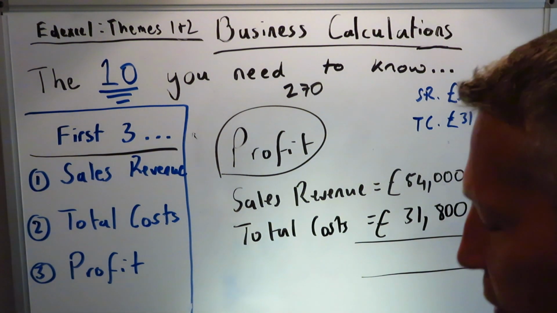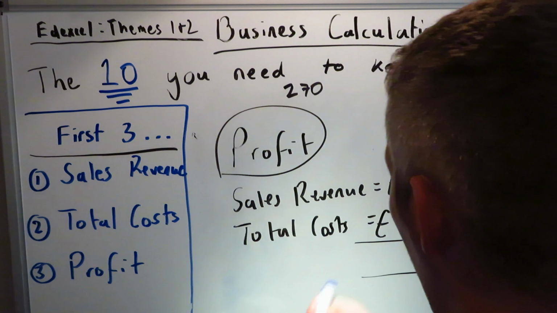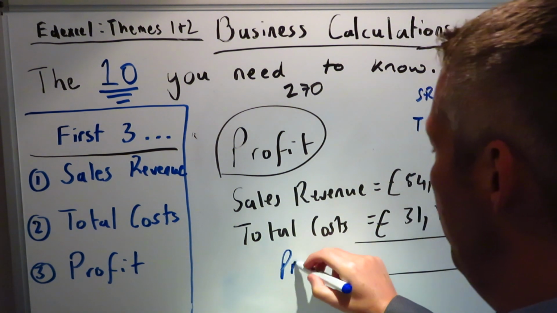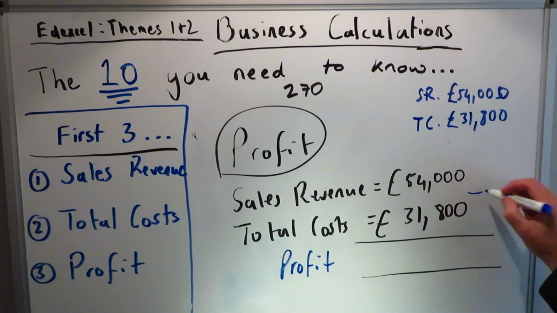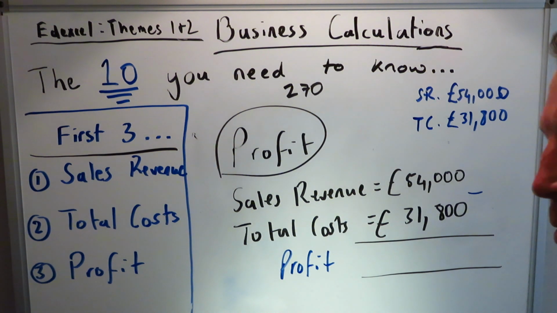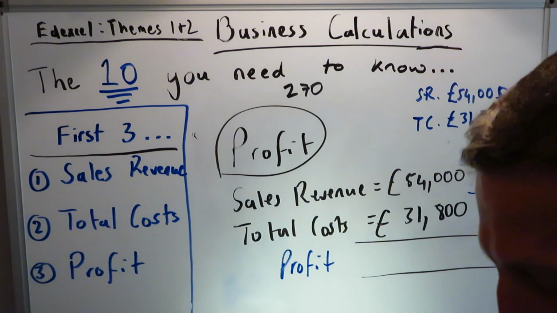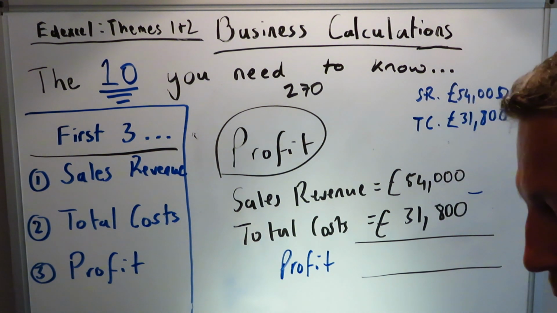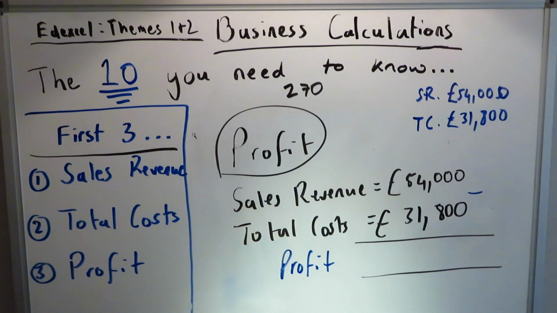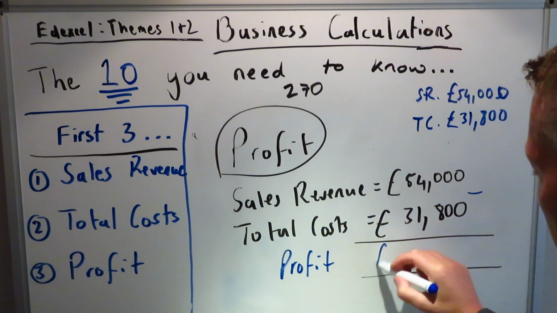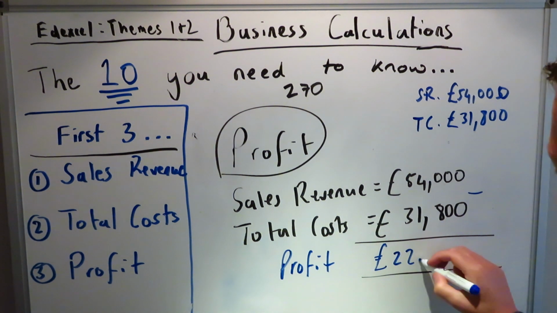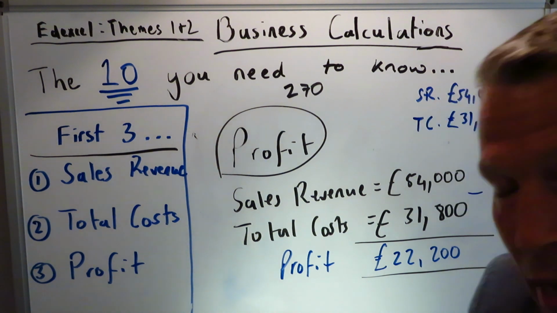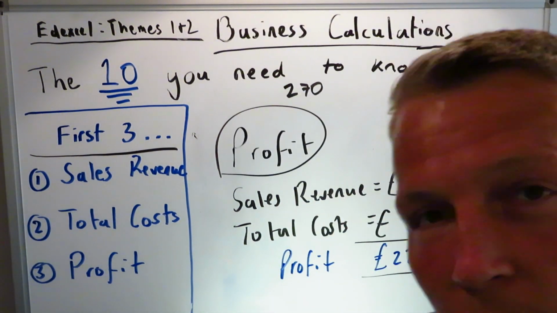So to work out your profit, you simply take the two away. I'm just going to do this on a calculator to make sure it is 100% accurate. I would advise that. Don't try and guess the result, because otherwise you might make mistakes. So 54,000 minus 31,800, and you get a total here of £22,200.